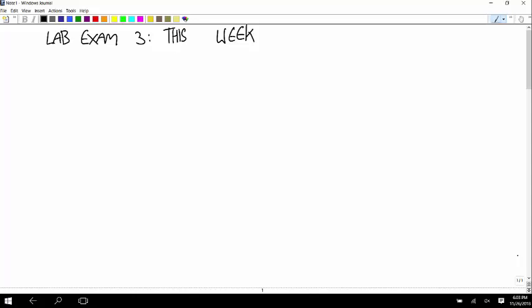The last lab period we had, I just went over lab exam 2. Before that, the last new topic was a pretty simple idea: because of Newton's second law, F net is equal to the mass, which is a positive number, times the acceleration.